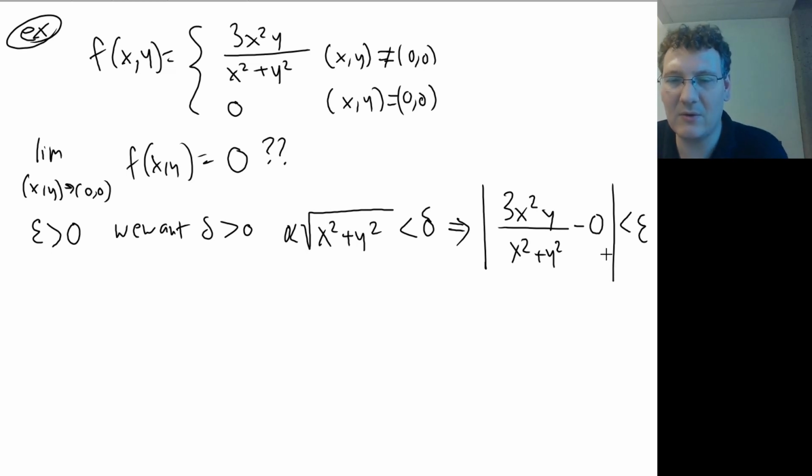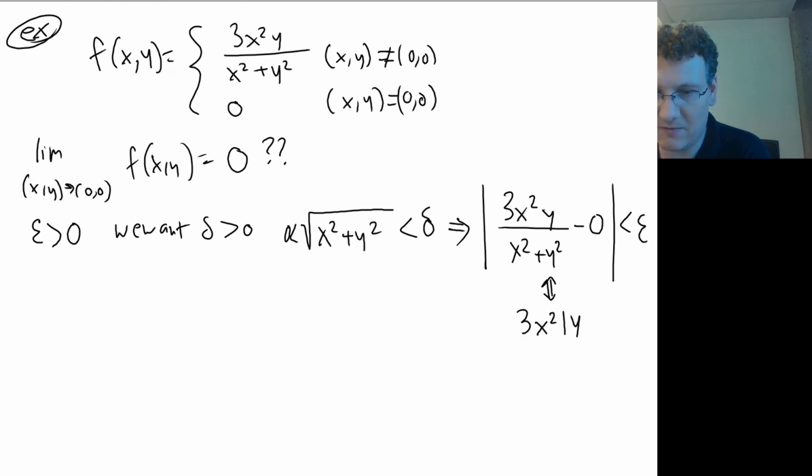That's the absolute value. Now, this is equivalent to saying 3x squared times the absolute value of y over x squared plus y squared is less than epsilon.